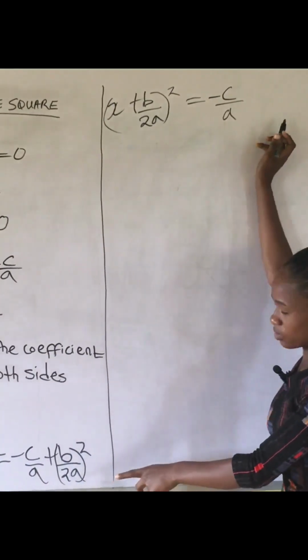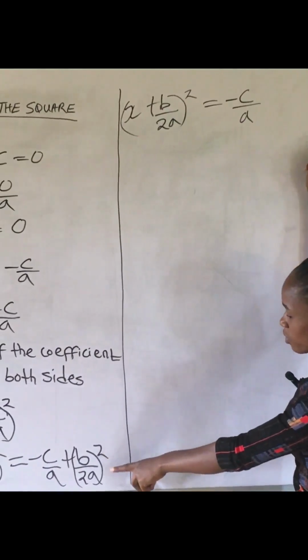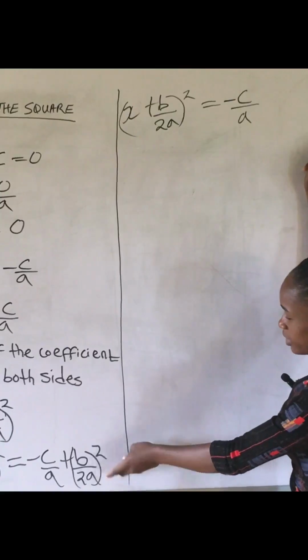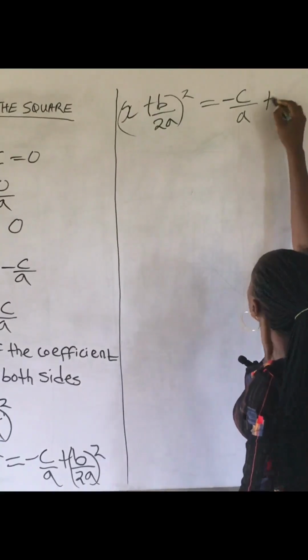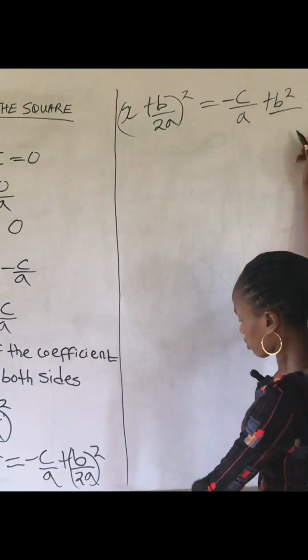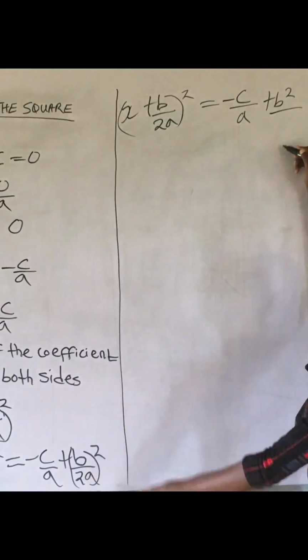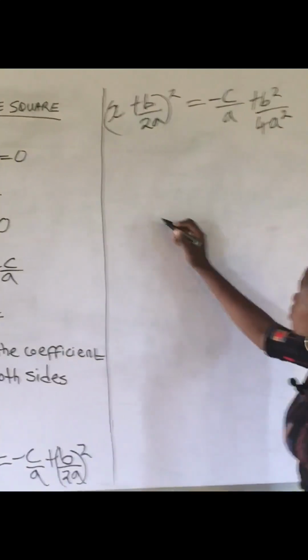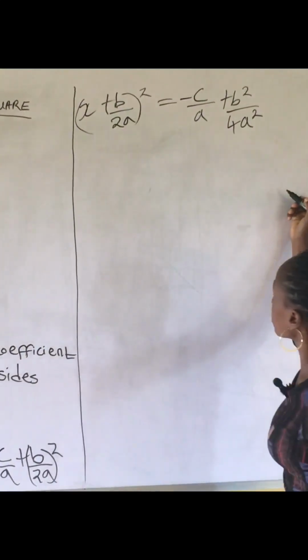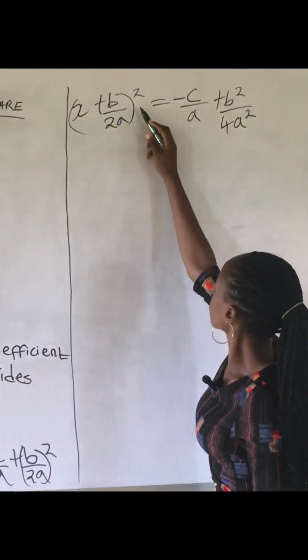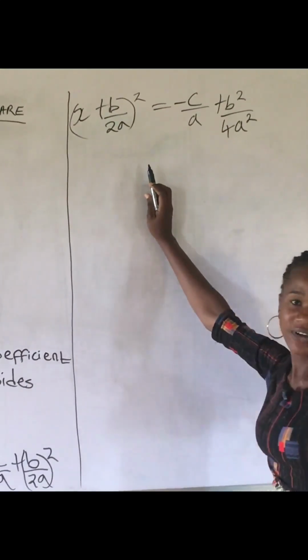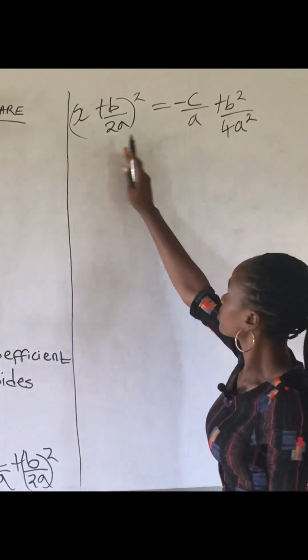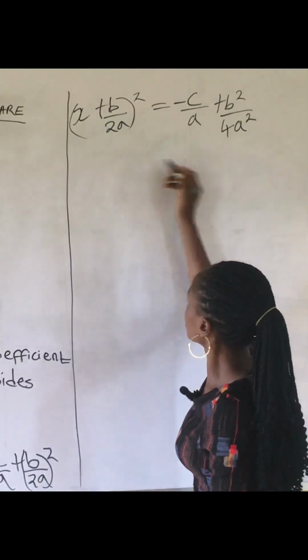Now, if you take a look at this b over 2a square. Now, if you open this bracket, it becomes b square, then 2a square, 2 squared will be 4, then a square. Yeah, so now our next step would be, you have a square here. To simplify this further, we'll square root both sides, right? We take the square root of both sides.